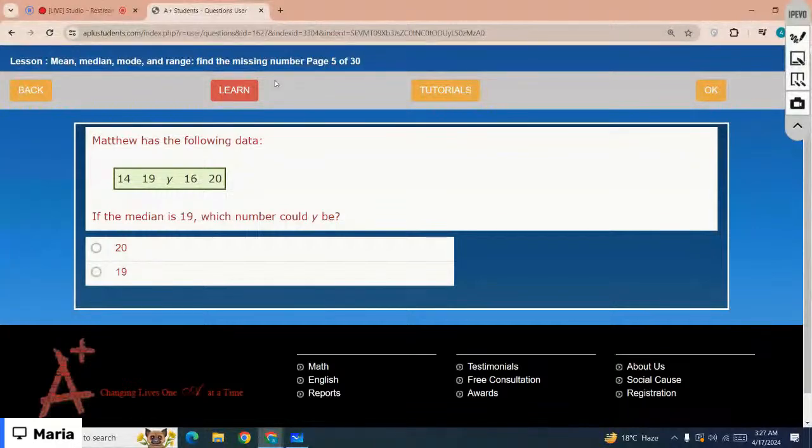The correct option is 19, but I think here again in this question you have a mistake.